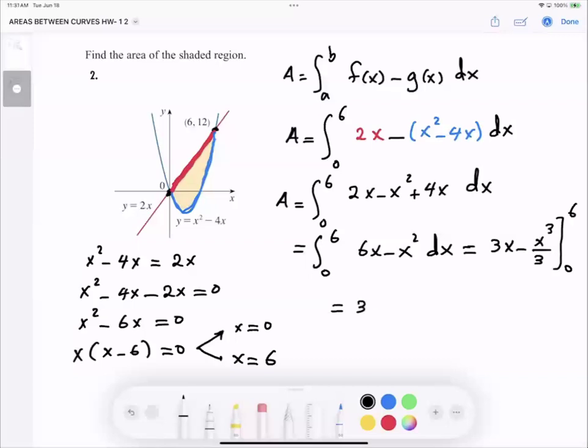You get 3 times 6 squared minus 6 cubed divided by 3, which is equal to, let's see, we can simplify this as much as we can, minus, let's see.